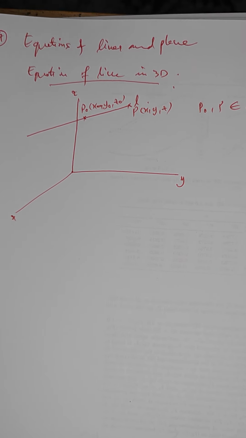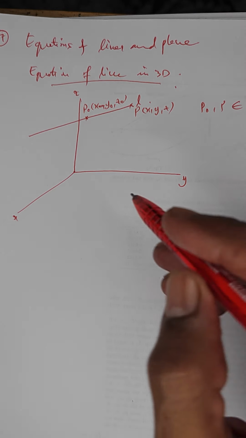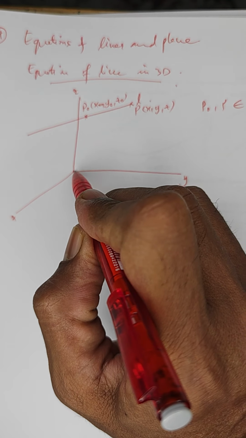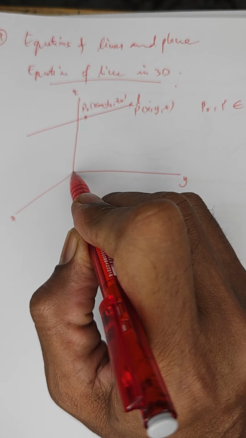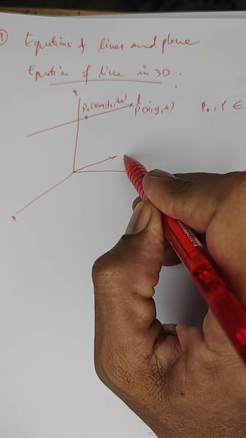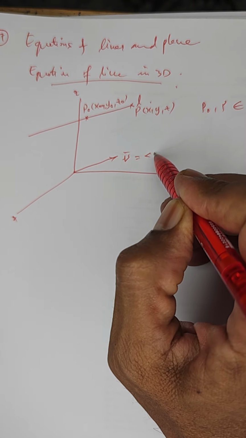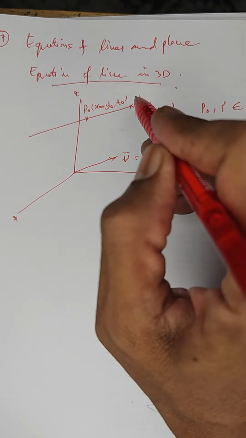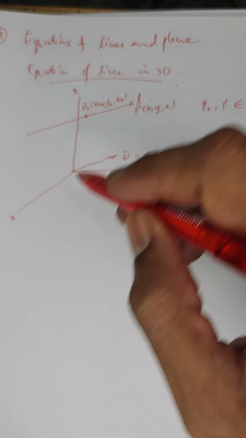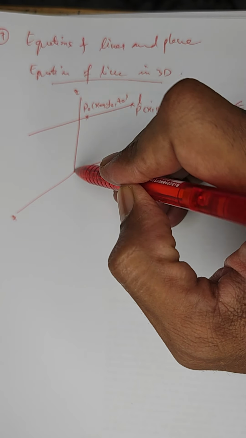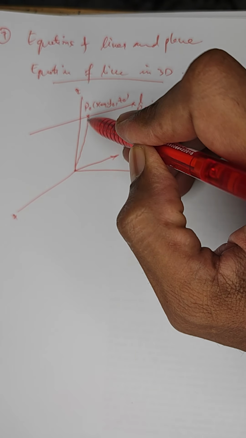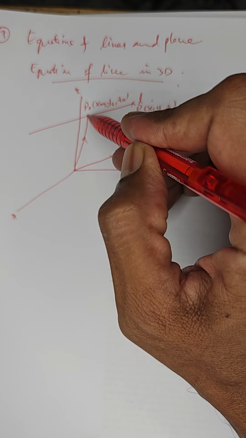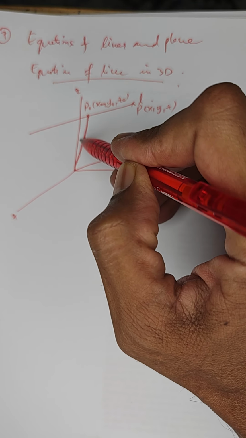We also have a vector parallel to that line. Let's call this vector V, with components V1, V2, V3. We also have position vectors.